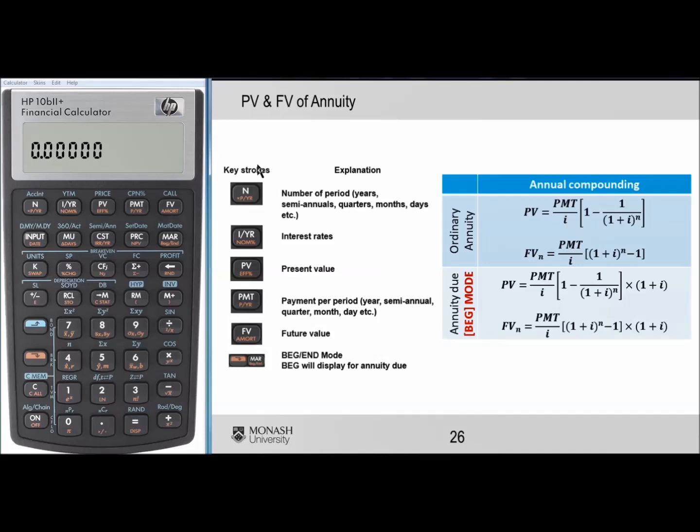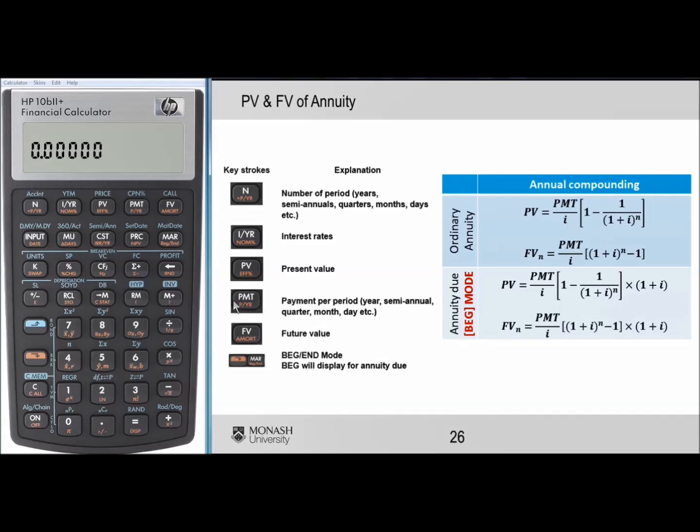The keystrokes that we are going to use for this type of cash flow are N, representing the number of periods. Again, it can be years, semi-annuals, quarters, months, days, etc., depending on the compounding frequency. I/YR, interest rate. PV represents present value. FV represents future value.